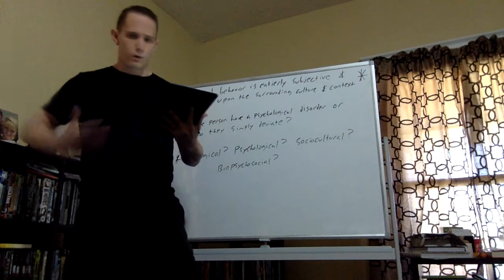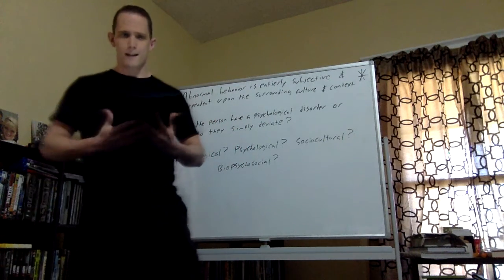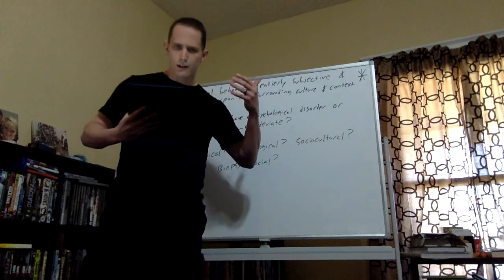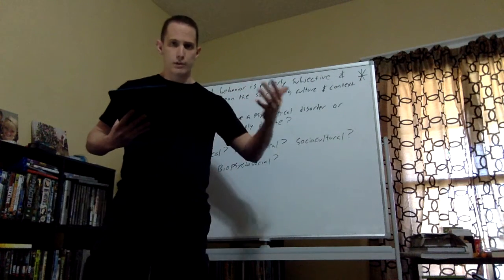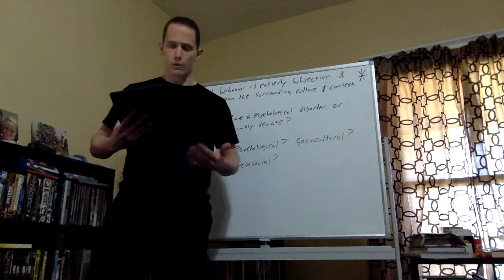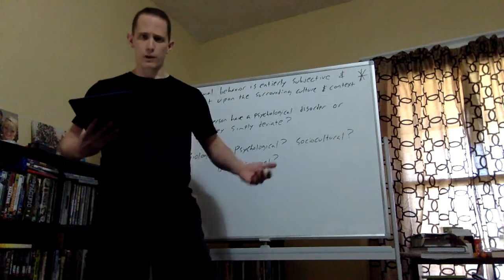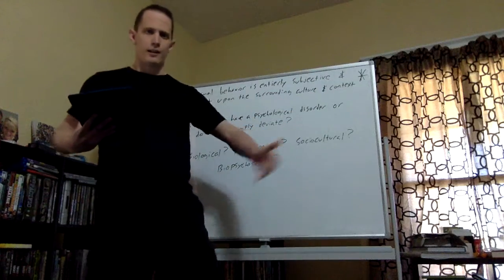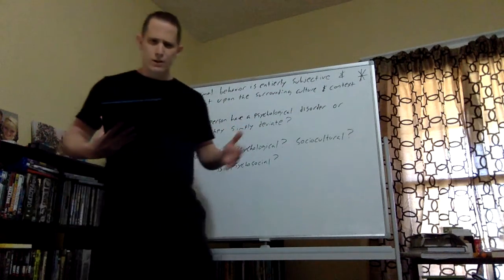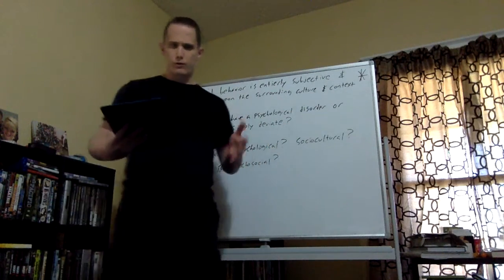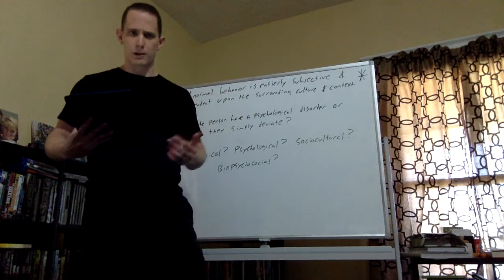So where do you think we should draw the line between, hey, this is something that needs to be treated, this is something that needs to be addressed for this person's safety, health and well-being, or, okay, this person is just being different. There's nothing wrong with them. They're just thinking differently, looking at things differently. So personally, where do you draw that line, and explain why?